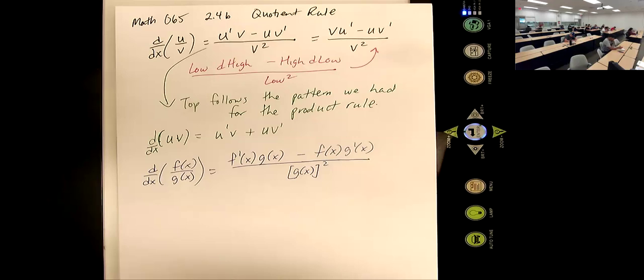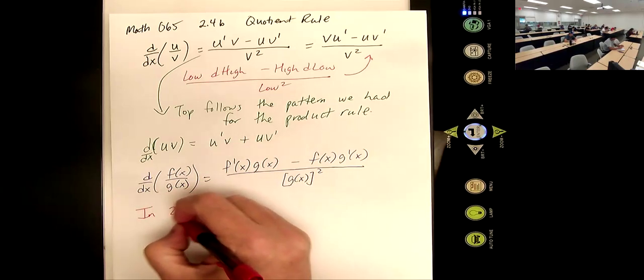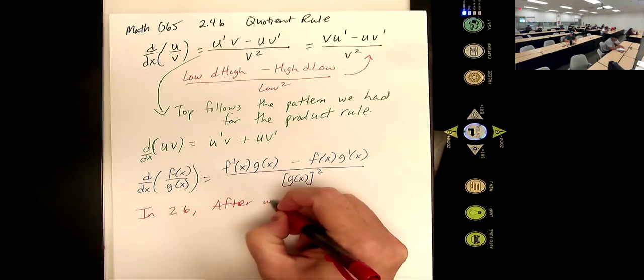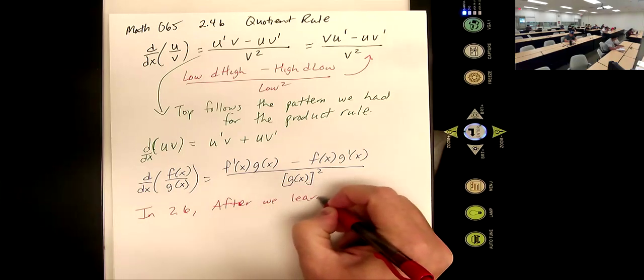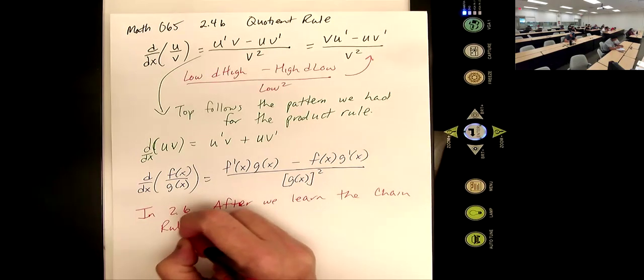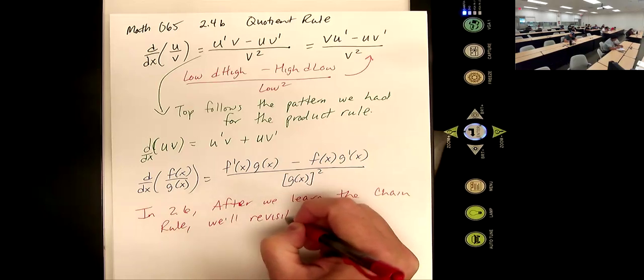And I'll make a little note since I got a little room left on this page. In 2.6, after we learn the chain rule, we'll revisit this as a product rule.